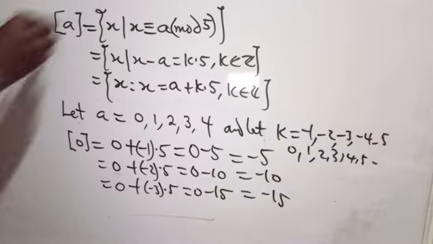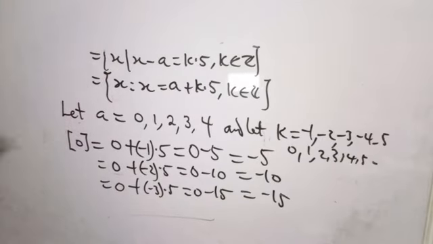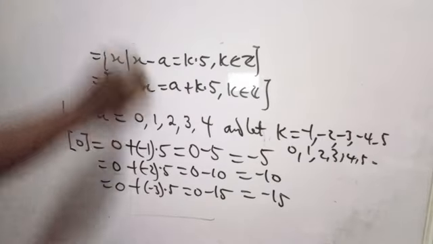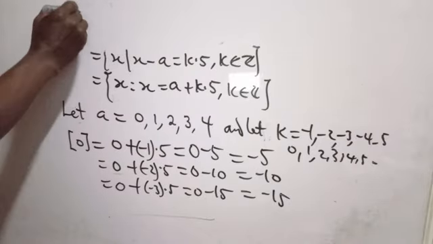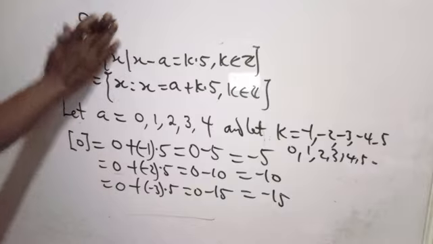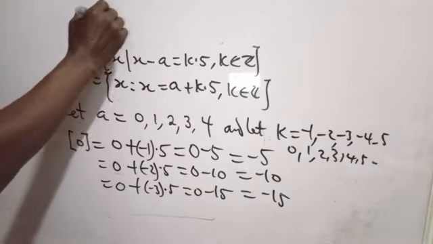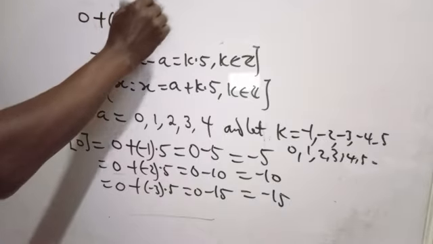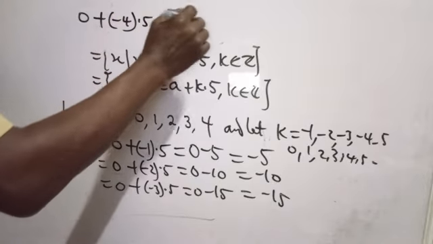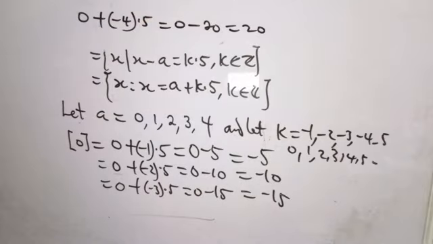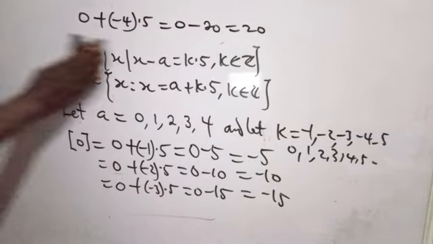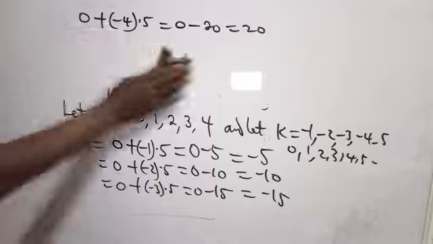You can continue like that. 0 plus minus 4 dot 5 is 0 minus 20, that's minus 20, and so on. Let's try the positive side of K when K is now positive.